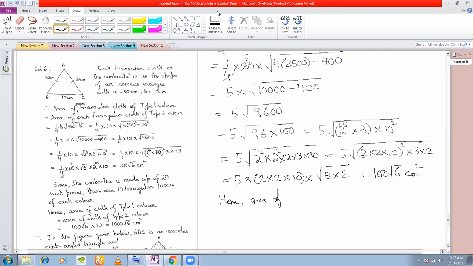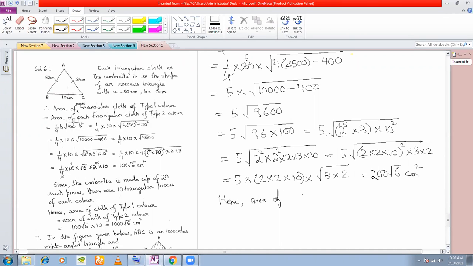So it would be 200 root 6. Oh, this is 200. Why have I calculated this to be 100 then? Okay, maybe there's a mistake.